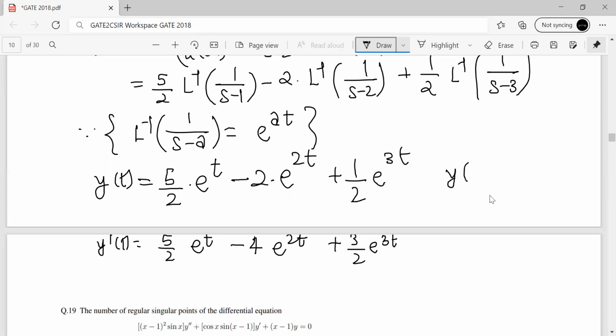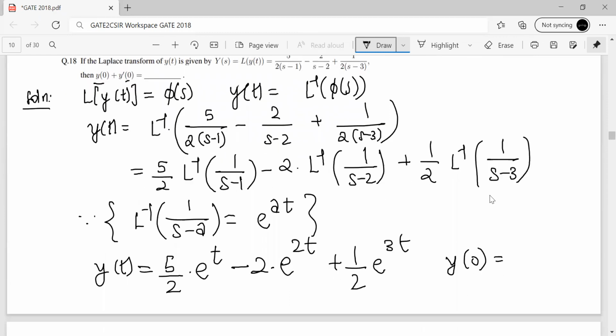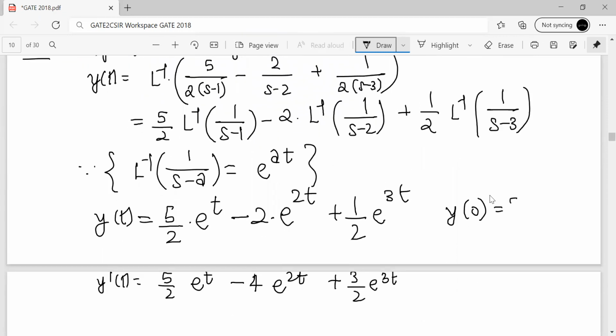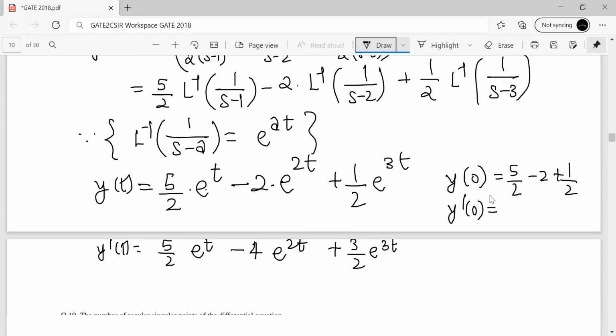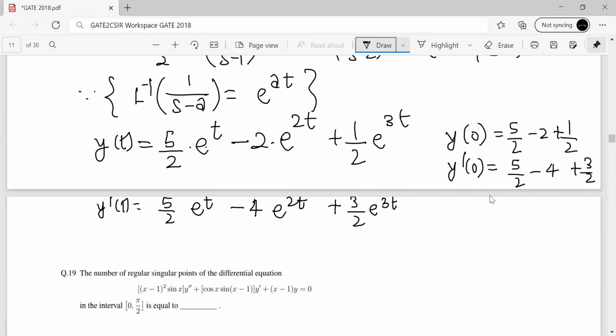Now we want y of 0 plus y dash of 0. So y of 0 will give me simply 5 by 2, e power 0 is 1, minus 2 plus 1 by 2. And y dash of 0 will be, again, 5 by 2 minus 4 and plus 3 by 2. Now simply add them.